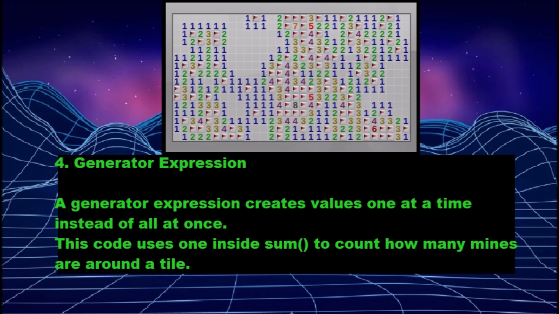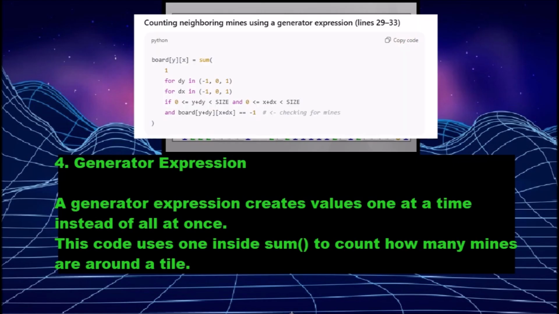Generator expression. A generator expression creates values one at a time instead of all at once. This code uses one inside sum to count how many mines are around a tile.